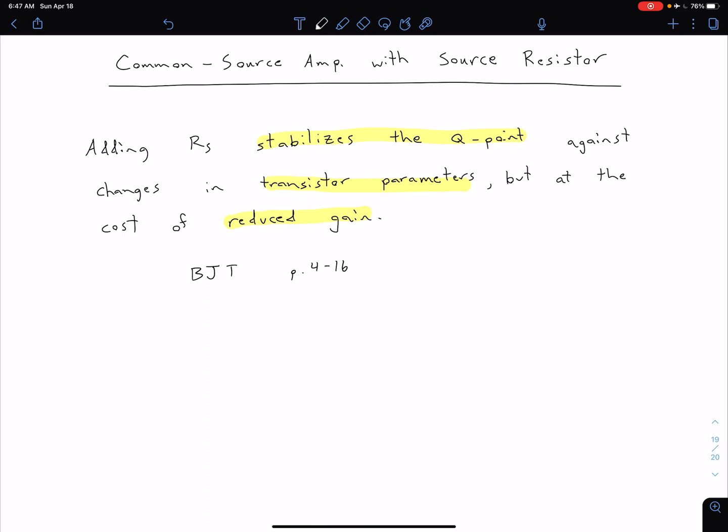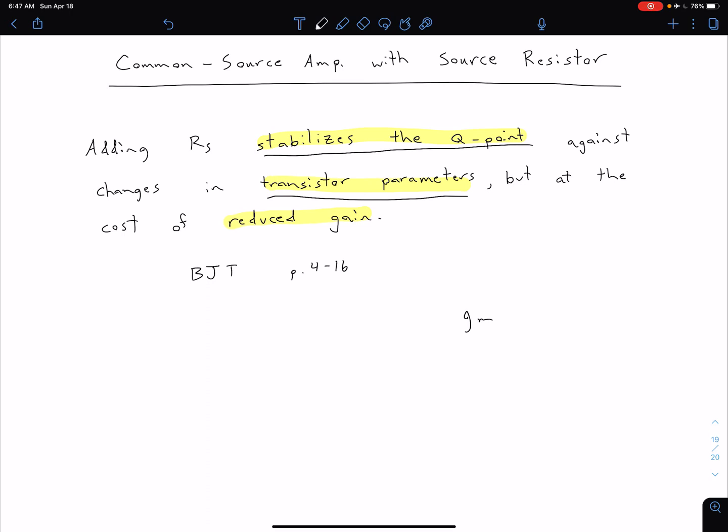Before we move on and look at an actual circuit, what exactly do we mean when we say it's stabilizing the Q point against changes in transistor parameters? Well, a couple different things. One, we could be talking about one particular circuit with different operating conditions, so maybe different voltages and currents, or a different ambient temperature. We might see changes in that parameter Gm.